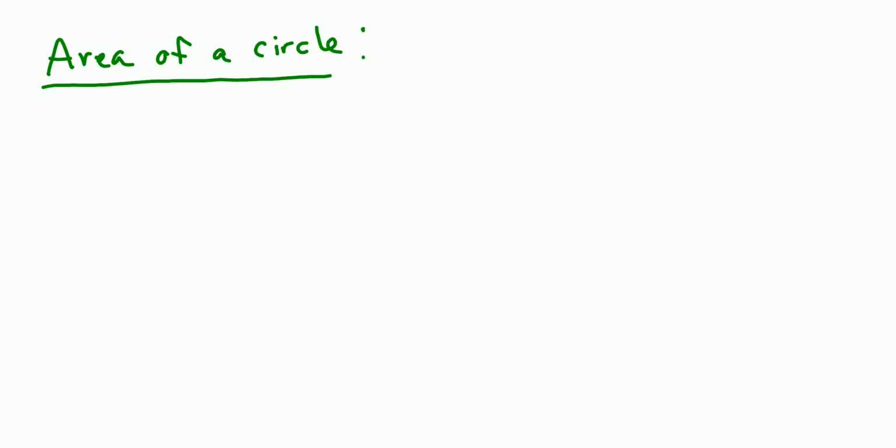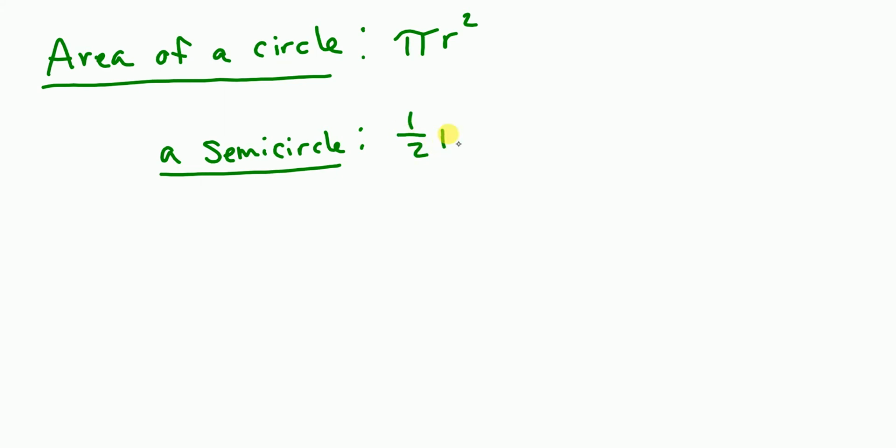The formula for area of a circle is pi r squared. Okay, so what would be the area of a semicircle? Okay, well, a semicircle is half a circle, so we would just put half pi r squared. A quadrant is a fourth.